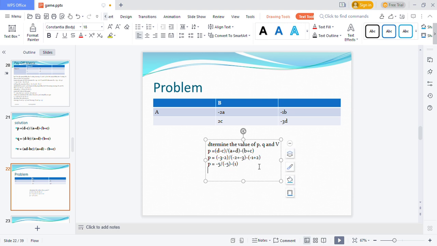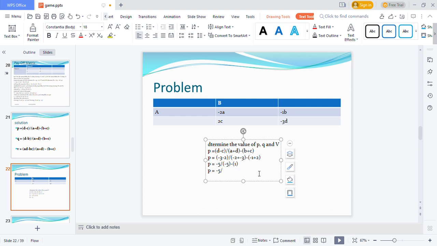We are still simplifying the equation. So what do you get? You get negative 5 divide by negative 5 minus 1. What do you get?